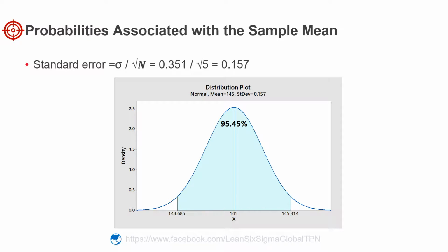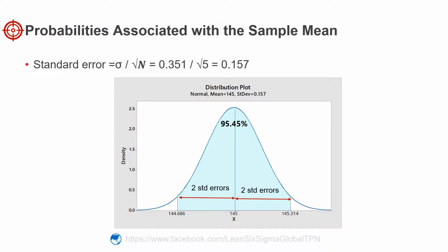We know that for any normal distribution, the probability of falling within two standard deviations of the true mean is approximately 95%. If the standard error is 0.157, the probability of taking a sample in which the sample mean is within 0.314, or two standard errors, of the process mean is 95%.